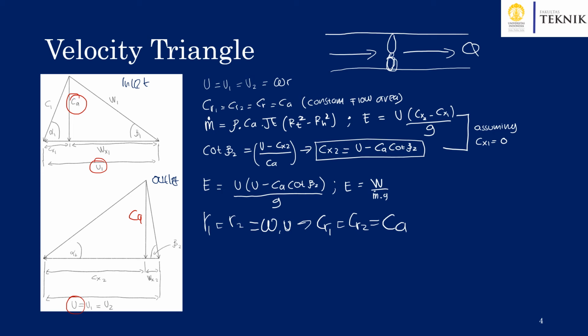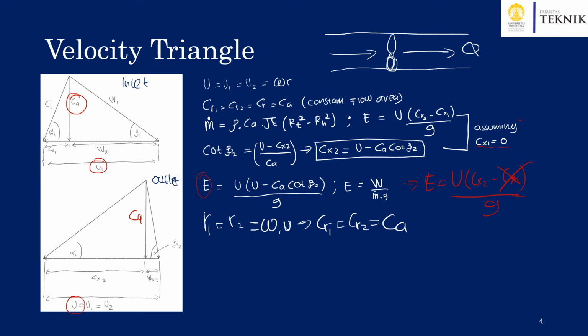Then let's analyze the velocity triangle in order to get the Euler head, or the head developed by the pump. As we know, the basic equation looks like this: E is equal to U multiplied by Cx2 minus Cx1, divided by gravity. This is the basic form of the equation, if you remember. Assuming there is no swirl at the inlet, or Cx1 equal to 0, we can delete this.